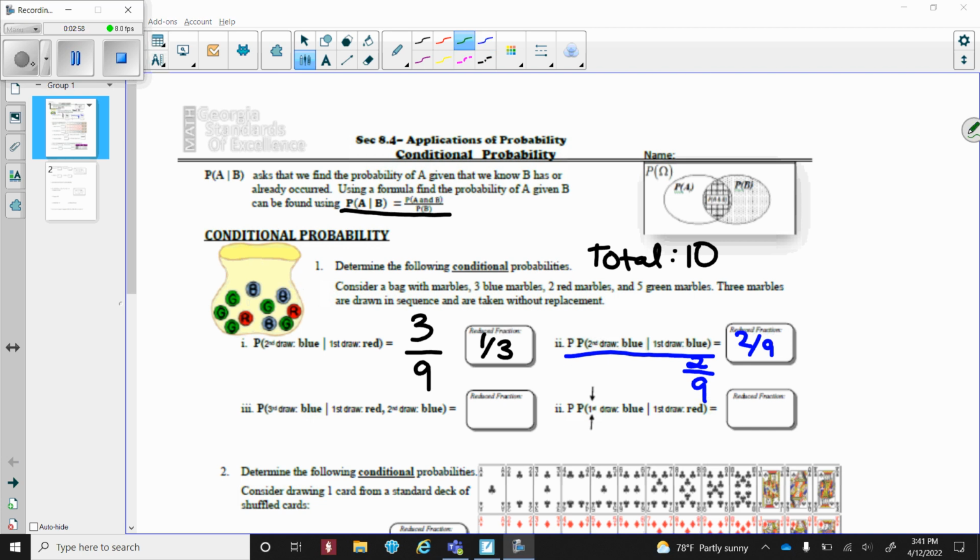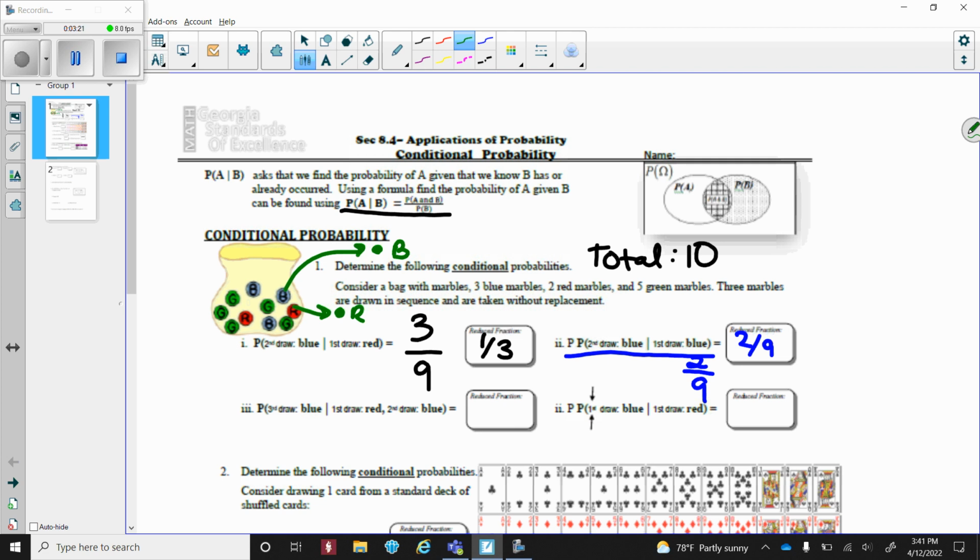So section 3 here is a little bit different because we do have 3 draws, but we're going to treat it just the same. Our first draw is red. So one of these reds comes out, it's no longer there. Then we have a blue is pulled out. So we're going to take one of these blues, it's going to come out. I've pulled 2 marbles.